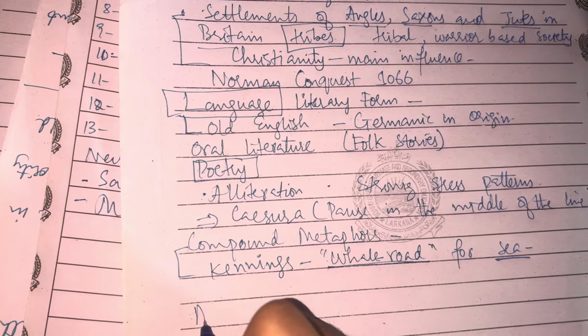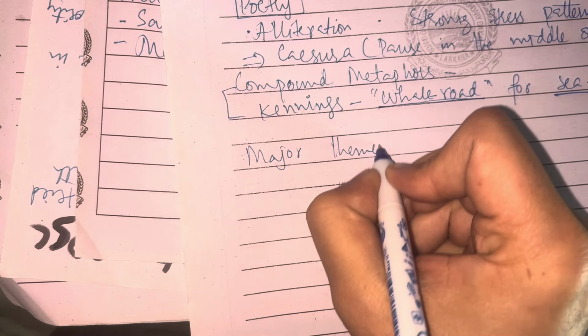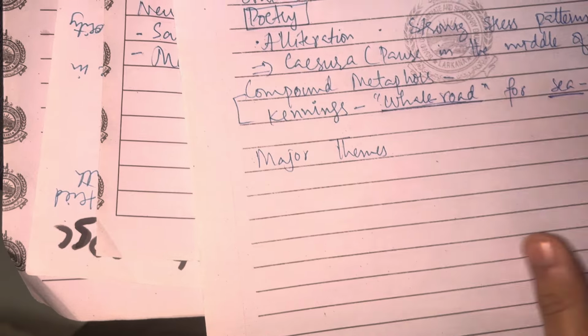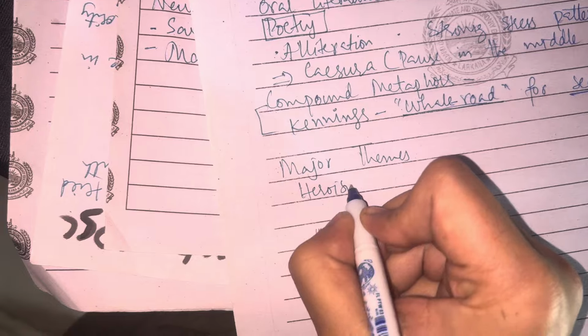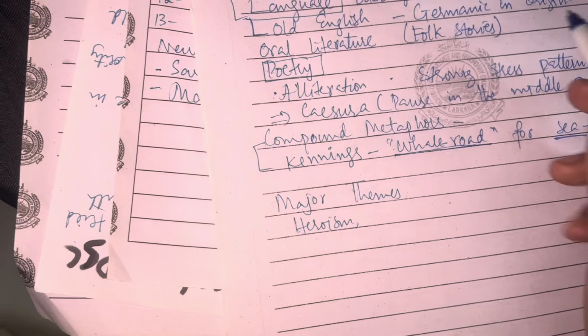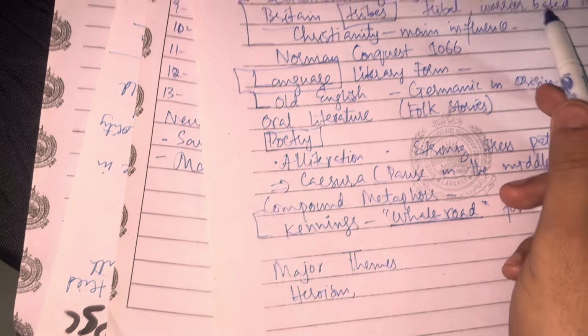Major themes. Major themes included heroism, because we discussed that the society was tribal and warrior based.